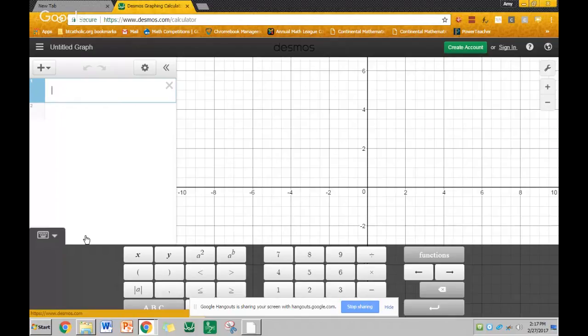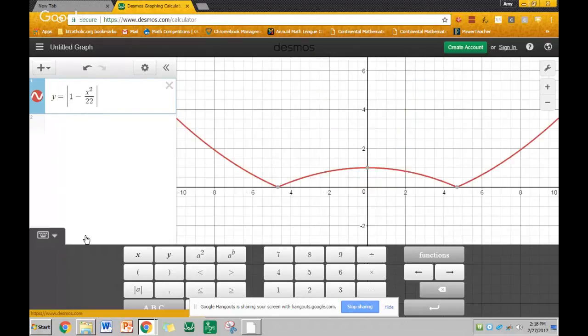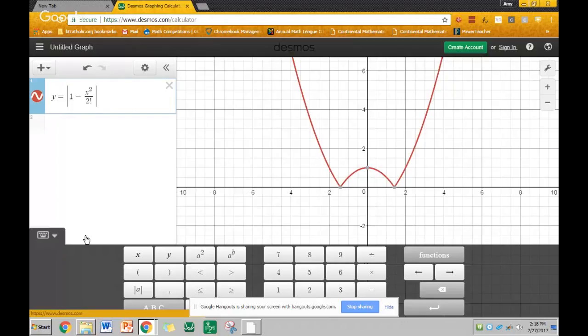So y equals absolute value, which is down here at the bottom. Okay, we're going to say 1 minus x squared divided by 2 factorial. The whole thing over 2 factorial? Or just that term? Can you factorial in the calculator?